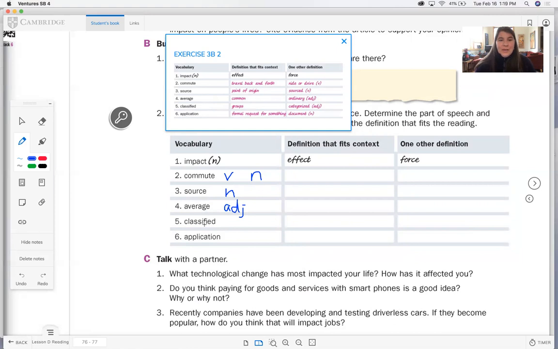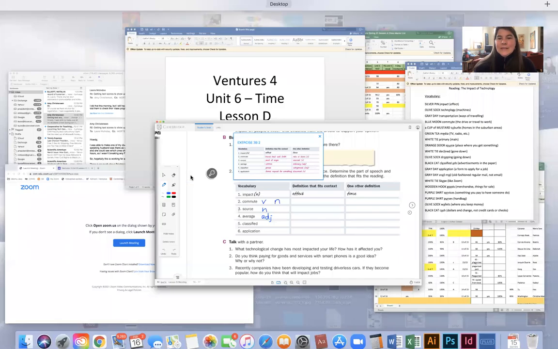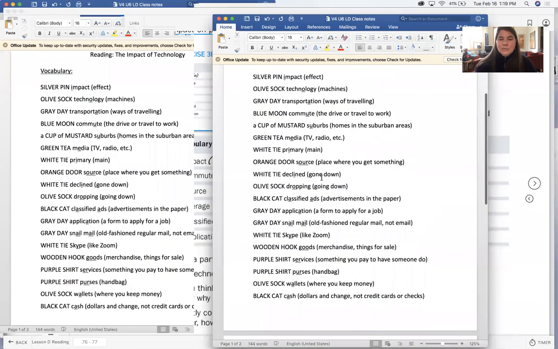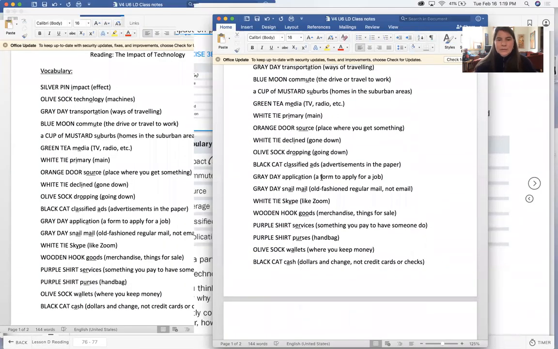Okay, classified. A classified, it says groups here. You can classify things in groups. It means to put things in groups or to categorize it, all right? Classified, it's an adjective. In the context, they're talking about classified ads, which is right here, hang on.